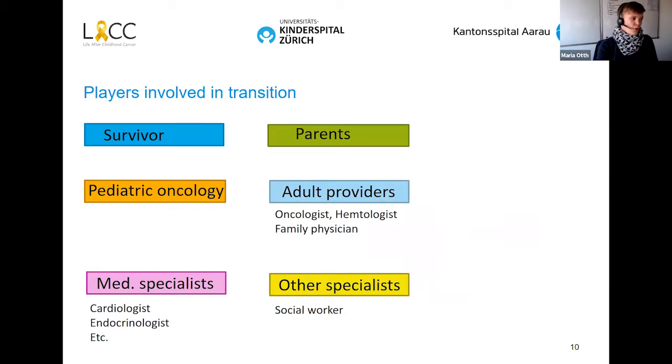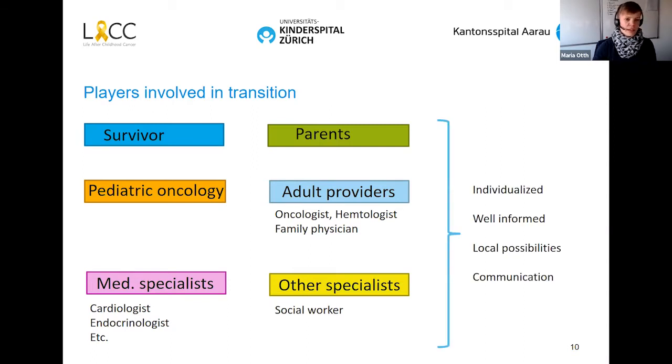For sure the survivor, parents and family, but then also the pediatric oncology team, and the adult providers, which can be hematologists, oncologists, or family physicians. Then the different medical specialists, for example cardiologists, orthopedists, endocrinologists, and then also other specialists like social workers or psychologists.